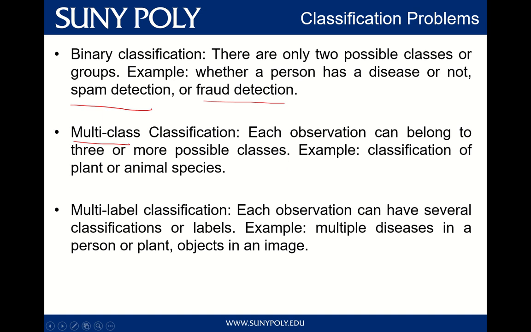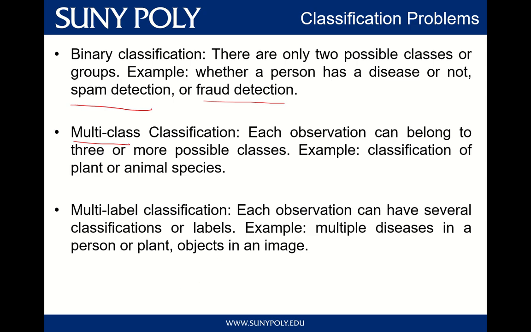So that's what we call multi-class classification. Let's say that you are trying to predict the quality of a product in a manufacturing company, based on some variables. Then maybe there are three levels, like bad quality, medium quality, or good quality. So that's another example of a multi-class classification.